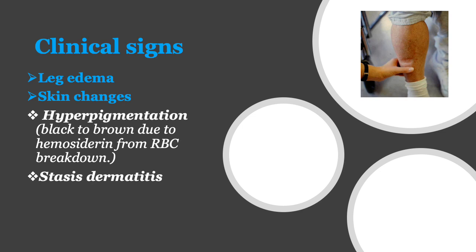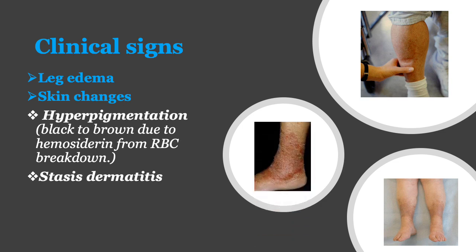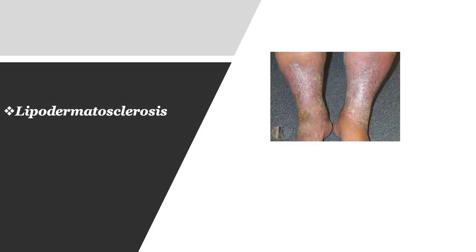Second, skin changes of CVI. First, hyperpigmentation of the skin of legs. As I said before, due to hemosiderin deposition, due to RBC breakdown. Second, stasis dermatitis. Third, lipodermatosclerosis, as I said, chronic fibrosis and induration of the skin of legs.